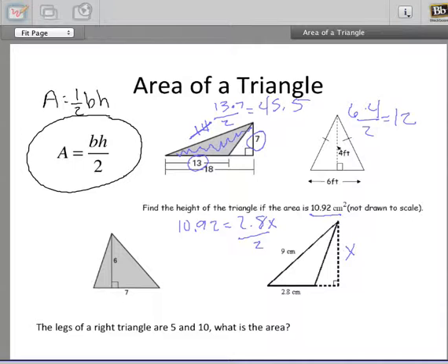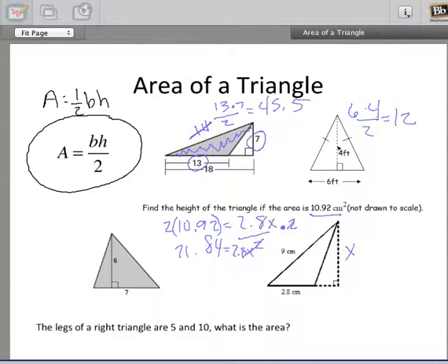There are two ways to work this. The first thing you can do is simplify this fraction right here, 2.8 divided by 2. Or you can cancel out the fraction by multiplying by 2. A lot of students like to do this first. But either way, you should get the right answer. So 2 times 10.92 comes out to 21.84 equals 2.8x.